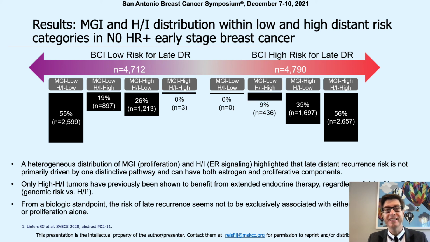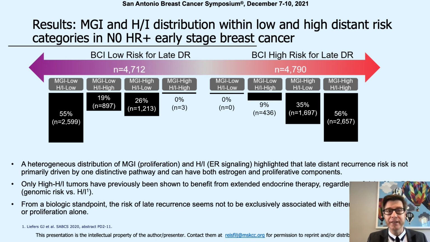The authors next investigated, in node-negative, ER-positive early-stage breast cancer patients, how MGI and HI indices were distributed in patients classified by the breast cancer index as having a low risk of late relapse on the left or a high risk of late distant relapse.